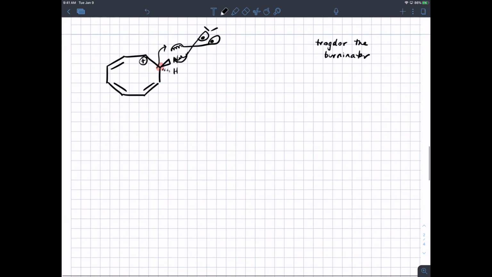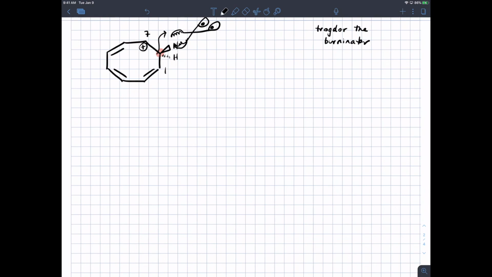Anyway, look at this on the side. Imagine reaching in and taking that red carbon and pulling it up in a way that would bring carbon 7 closer to carbon 1. So this is going to be difficult to draw from the side. No, that's 6. Sorry. 1, 2, 3. 1, 2, 3, 4, 5, 6, 7.